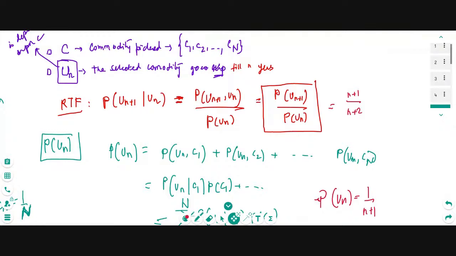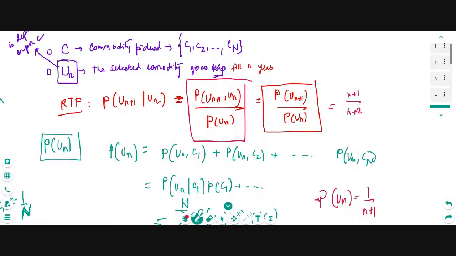Sure, we'll explain the integral again. If you remember, this is Riemann integration. So there are two doubts. First, I hope you understand till this point. Now understand, U_n means that the selected commodity goes up till n years.